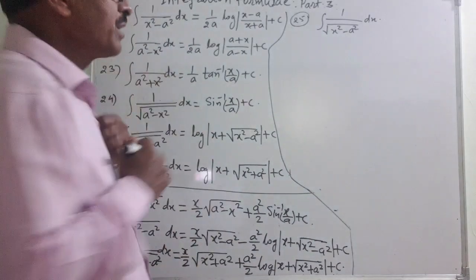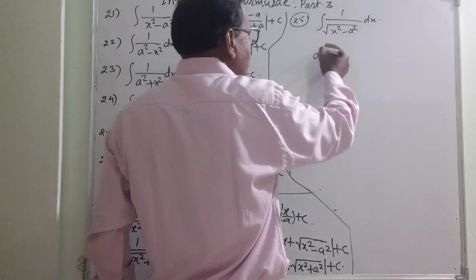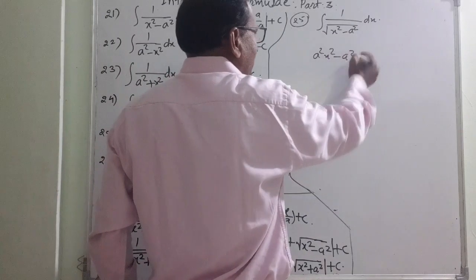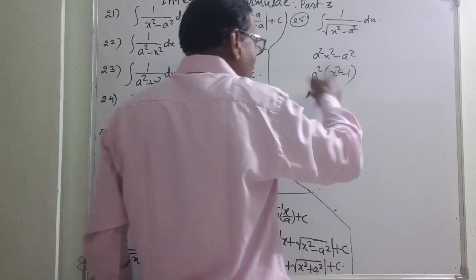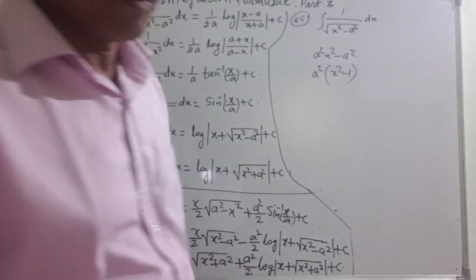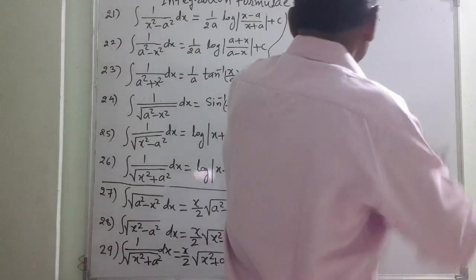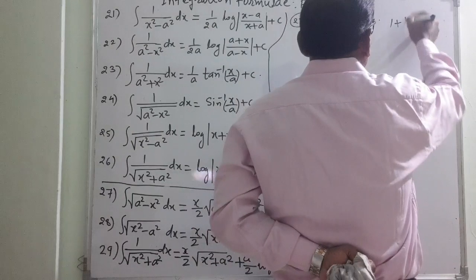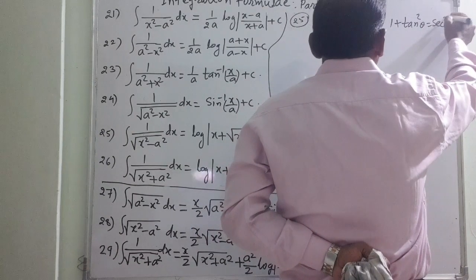Now I have to see the identities. Definitely here it should be a square x square minus a square, then a square taken common and then x square minus 1. And for this x square minus 1, there should be a single trigonometric ratio which will replace this. So I will see which are those ratios. 1 plus tan square theta is equal to sec square theta.